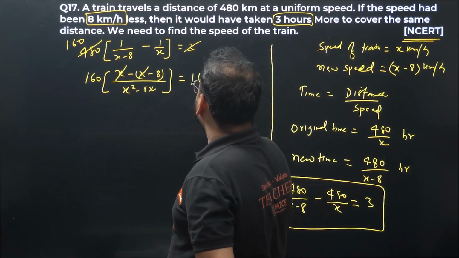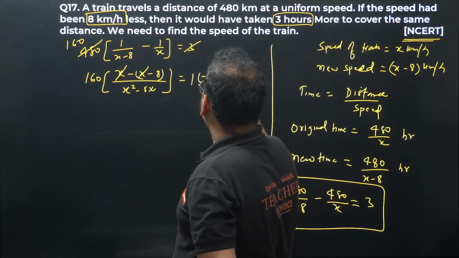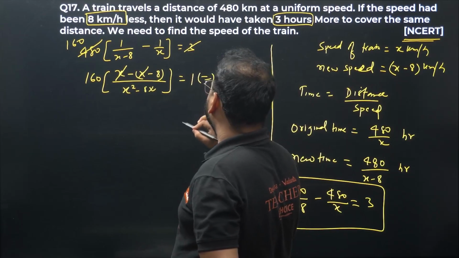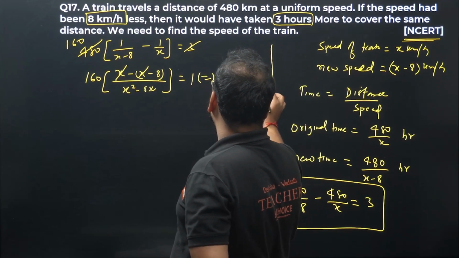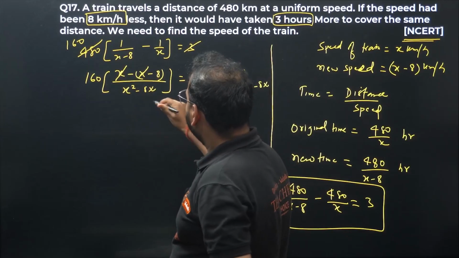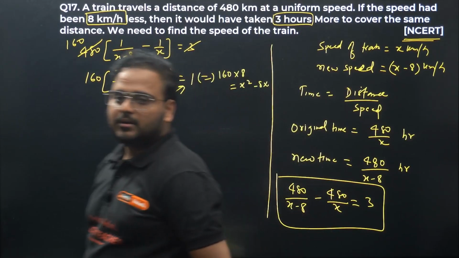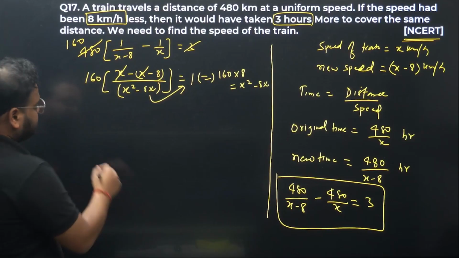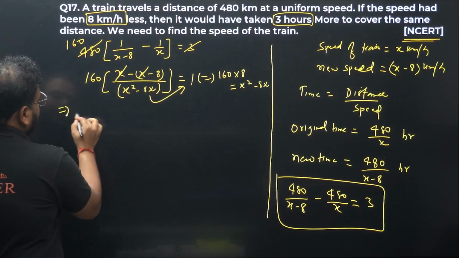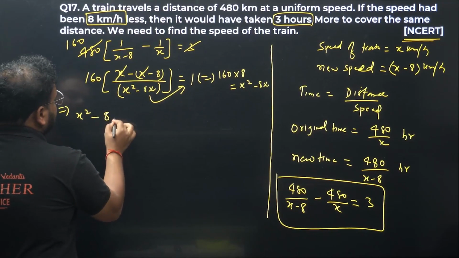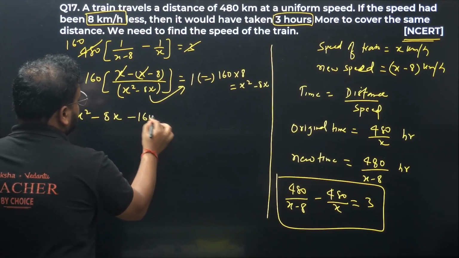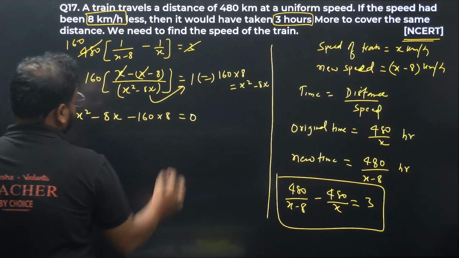From here you can see it's coming as 160 into 8 equals x square minus 8x. Bring it on one side, I'm getting x square minus 8x minus 160 into 8 equals 0.